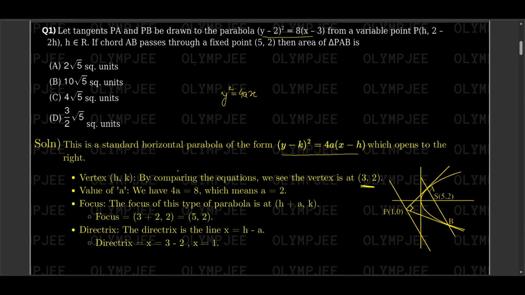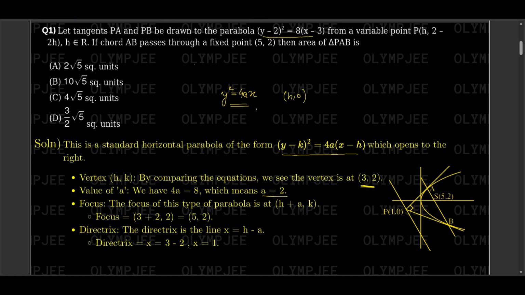Now the value of a we can find as 2, because 8 is equal to 4a, so a is equal to 2. The focus of this type of parabola is given as (h plus a, k). In a general parabola where the vertex is at the origin, the focus is at (a, 0).